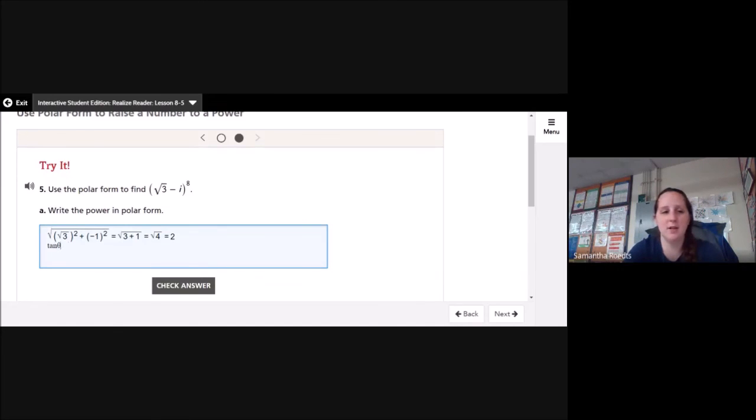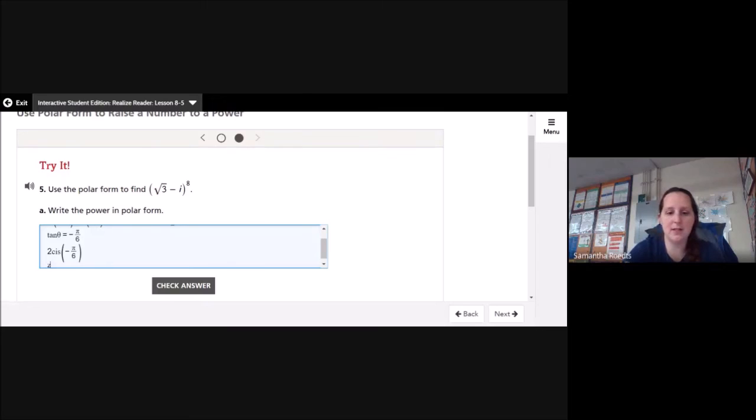So tangent theta equals 5 pi over 4. So this is going to give me tangent of theta equals negative pi over 6.